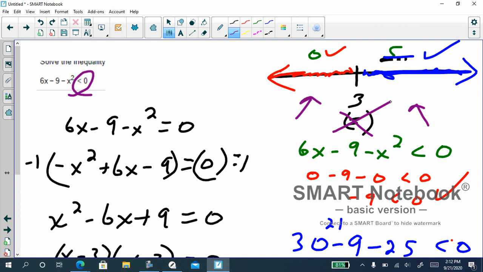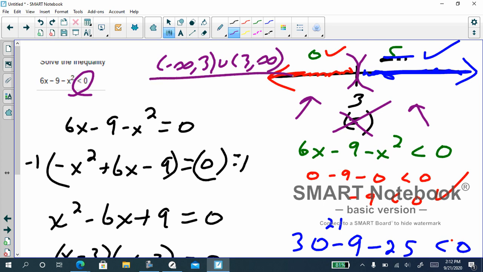So on a number line, we would put either an open circle there, or we would put parentheses going each way. Everything from -infinity approaching 3, and everything approaching 3 going to positive infinity. Everything except 3 is going to work for our problem.